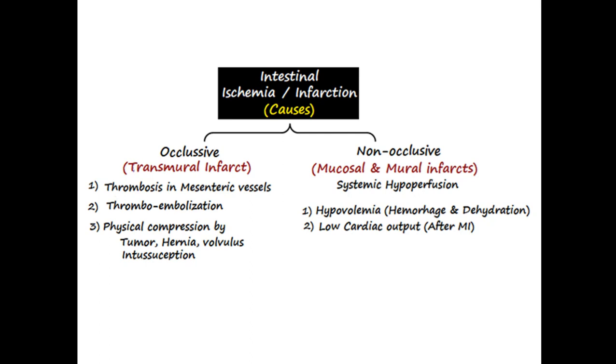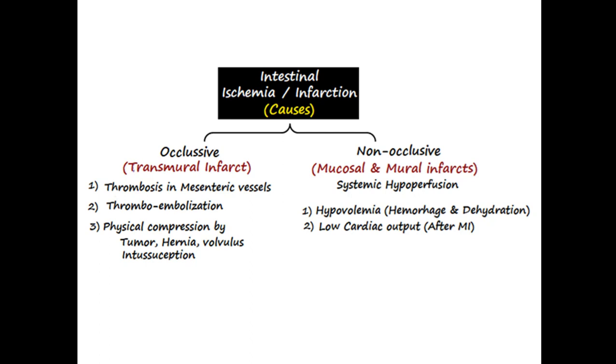And sometimes the physical compression by tumors, hernia, volvulus, and intussusception that commonly cause intestinal obstruction, and during the intestinal obstruction the intestinal vessels are compromised and can lead to ischemia or in severe cases infarction of the intestine.